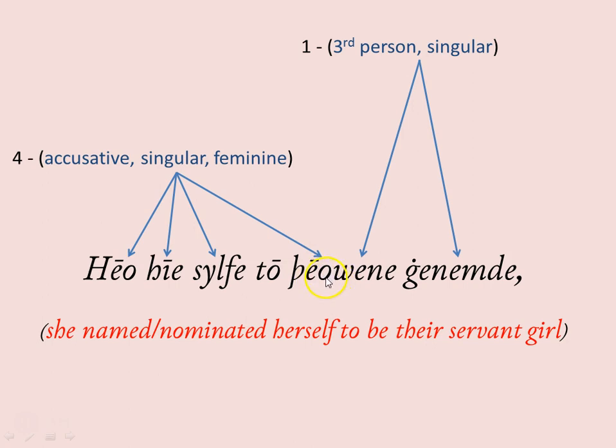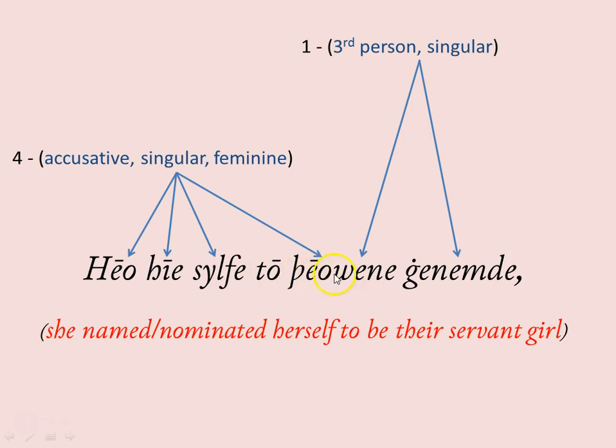Alright, the servant girl has been named, and she herself suggests that she's named herself or nominated herself or put herself forward to them here. Why them sounds like separate from her, but the fact is there's grammatical agreement here, so it's something that she's doing because it grammatically agrees with her and herself, or she and herself, and what she is, servant girl.